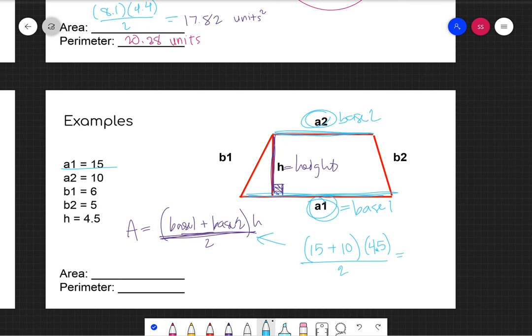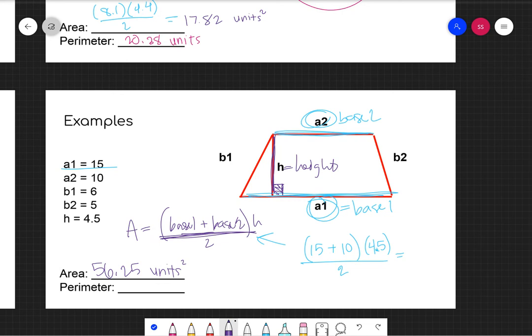So step by step, we would have 15 plus 10, which is 25, times 4.5 gives us 112.5. Then we would divide by 2 to get our grand total for the area of 56.25 square units.